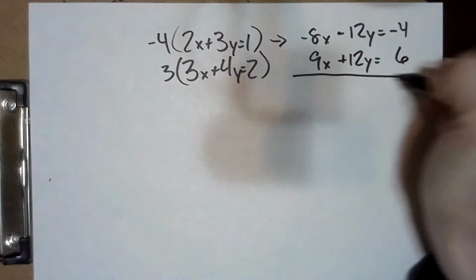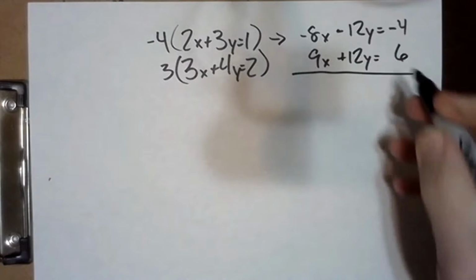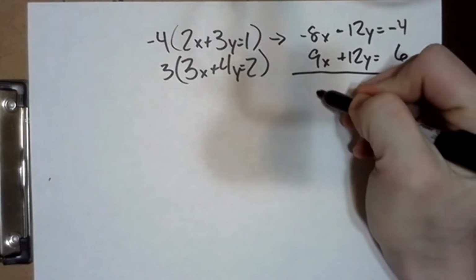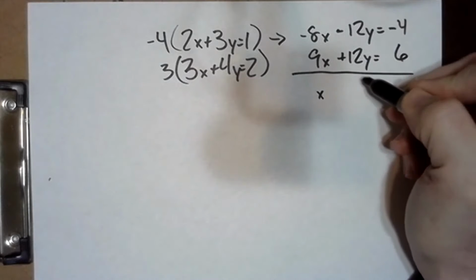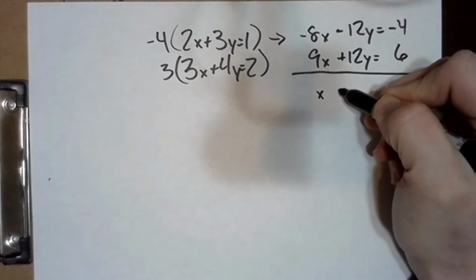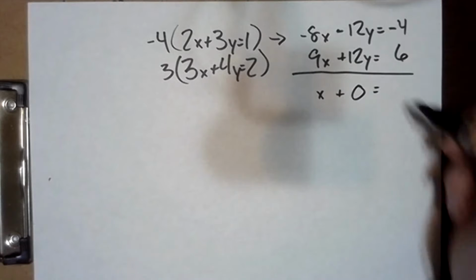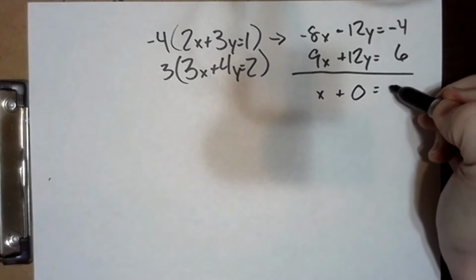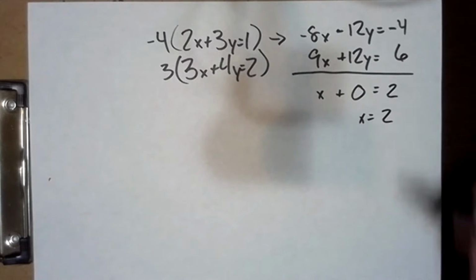And when I add these equations together, -8x plus 9x is x, -12y plus 12y is 0, equals -4 plus 6 equals 2. So x equals 2.